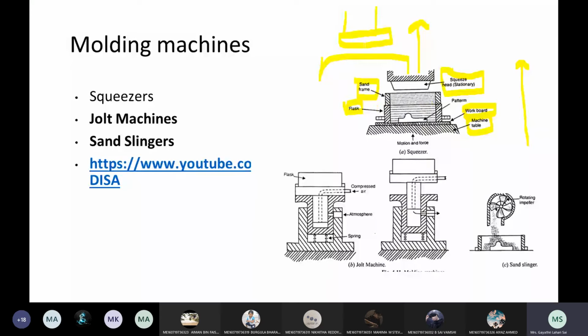Because of the continuous movement of the machine table towards the squeeze plate, from bottom to top, and the uniform pressure, the sand will be rammed uniformly. The squeeze head will enter into the sand frame and compact the sand such that the level of the sand frame will be equivalent to the level of the flask. So what happens?